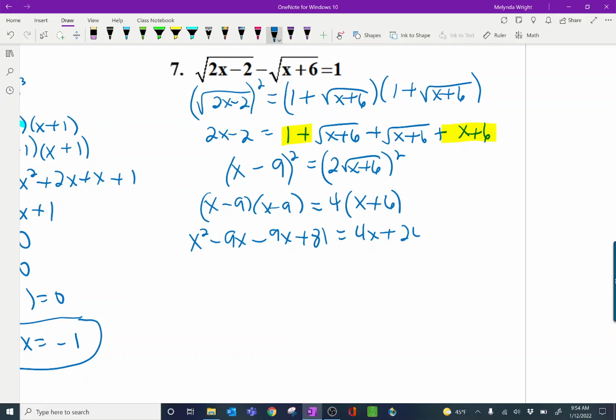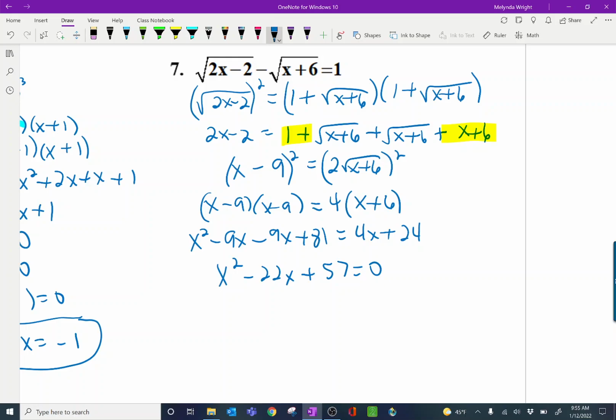So moving everything to the left side, that's going to give me x squared. Let's see, minus 9x is minus a negative 18x. Minus 4 gives me a negative 22x. Then I have 81 minus 24 is 57. And we think, oh my goodness, that is just weird.